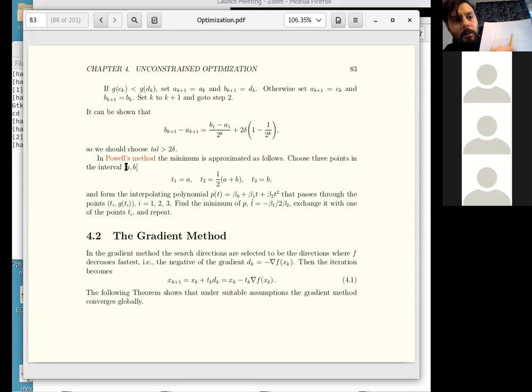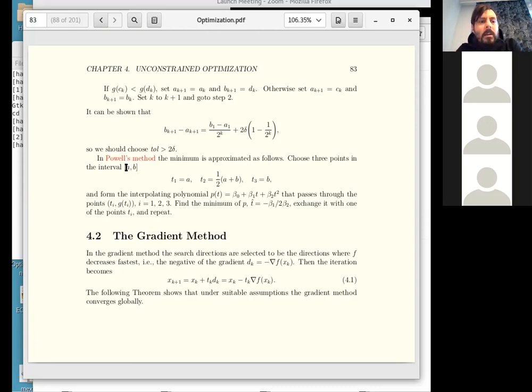Sorry, no. You don't move this one, because this is smaller than that, so you move only this right-hand side. If this is smaller than that, then you move only this. So you are guaranteed that the smallest point is between these. If this is smaller, the smallest point is between these two. And you just keep on doing this until your interval has become so short that you are content that it's close enough if we pick the middle point here.